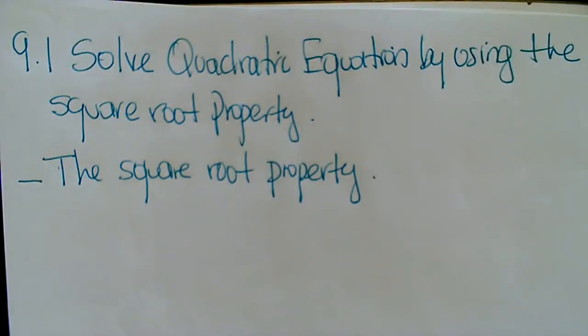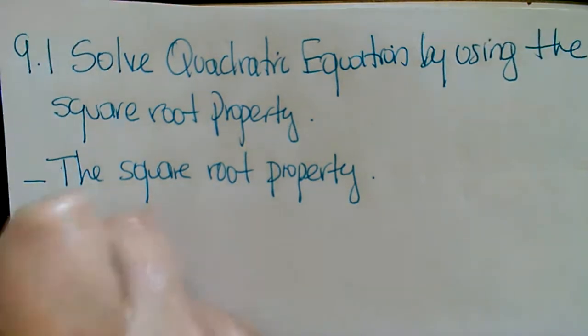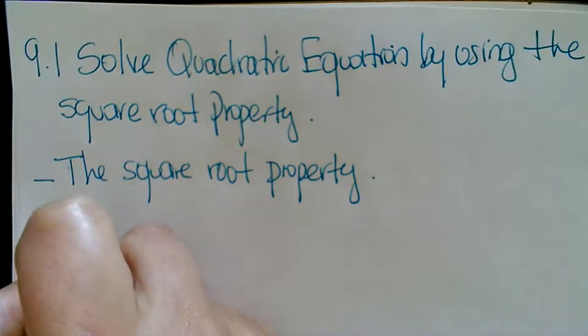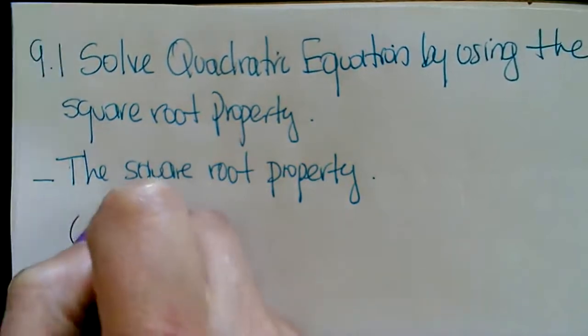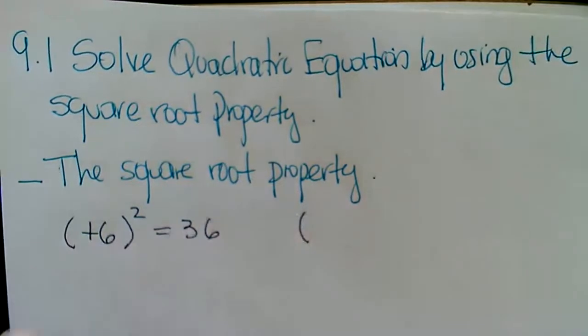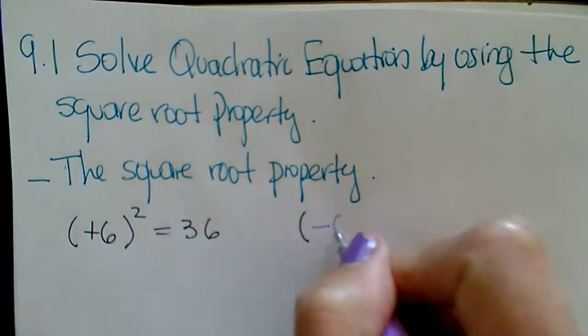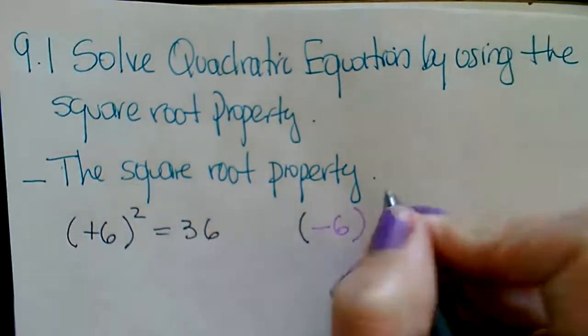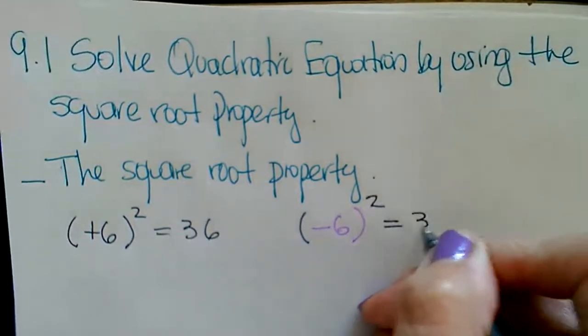From a previous lesson, we saw that there were two square roots of 36, if you guys remember that. So we know that plus 6 squared is 36, and if I use negative 6 squared, it is 36 too.